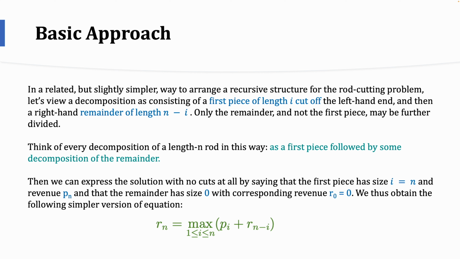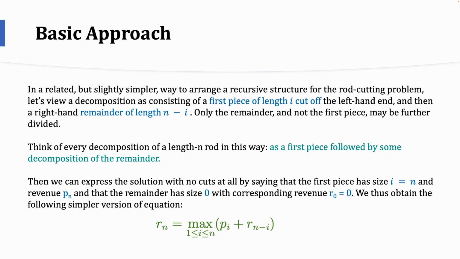Okay, what if you start by cutting off a first piece of length, whatever. So let's say you start by cutting off a first piece of length i from the left-hand side, or the left end, of the rod. And that's going to leave us with a right-hand remainder of length n minus i.